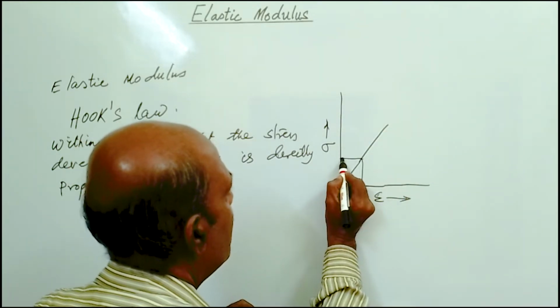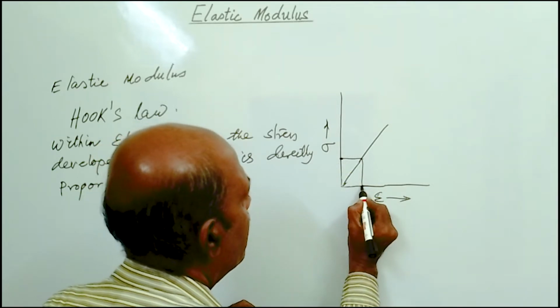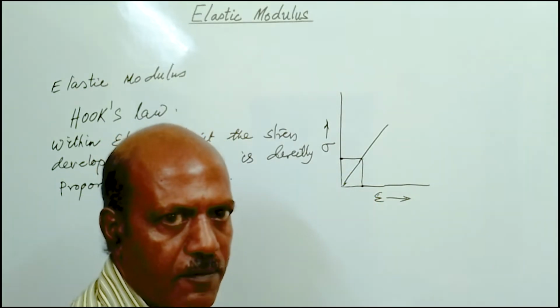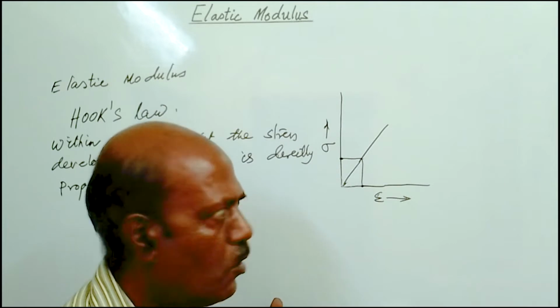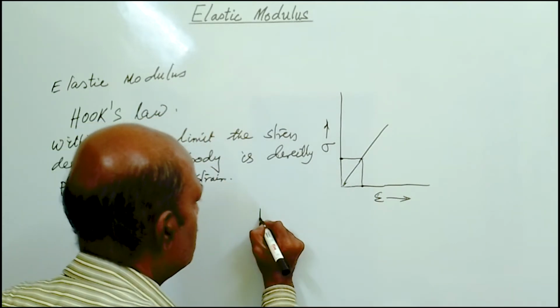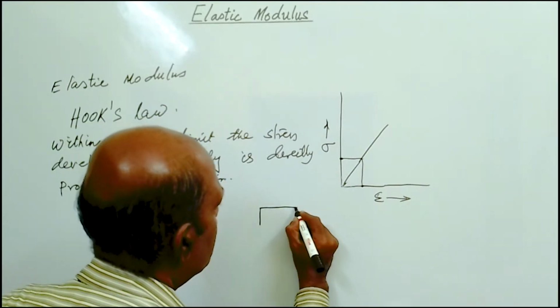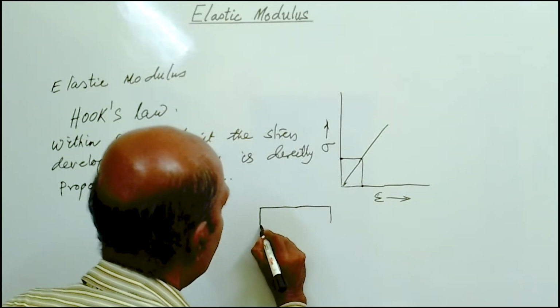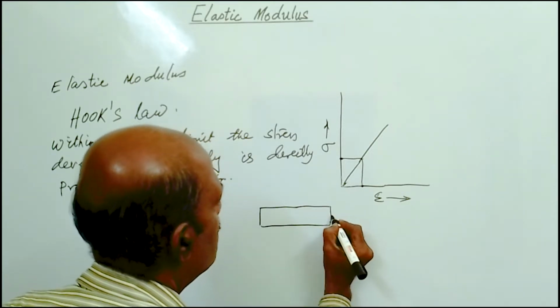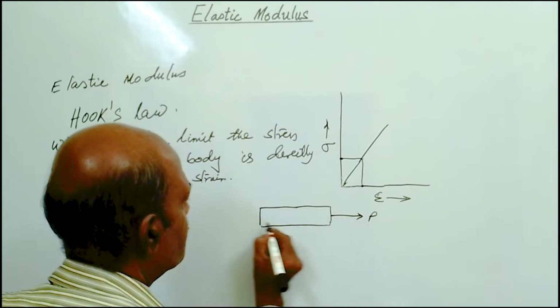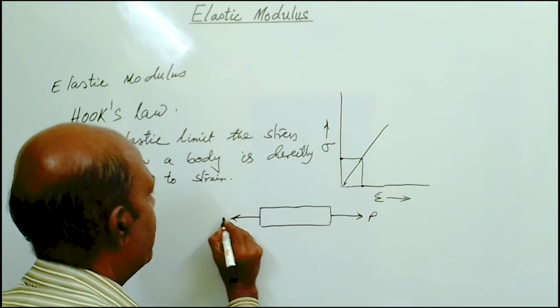Here sigma is the stress developed in a body and epsilon is the strain developed in the body because of external load. So this is the body, and the body is under external load P. Here P is a direct load.